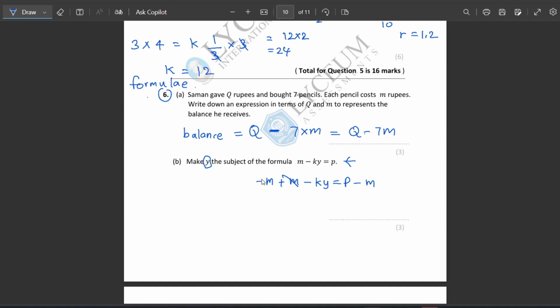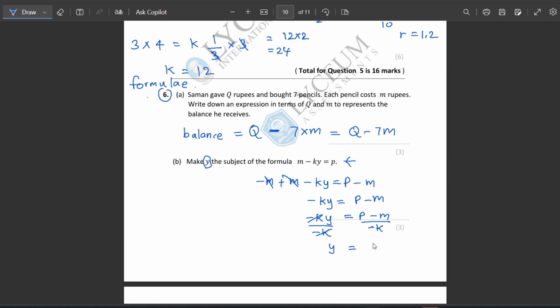These two cancel out. Minus KY equals P minus M. So I want to isolate Y. So I divide both sides by minus K. Now these two cancel out.